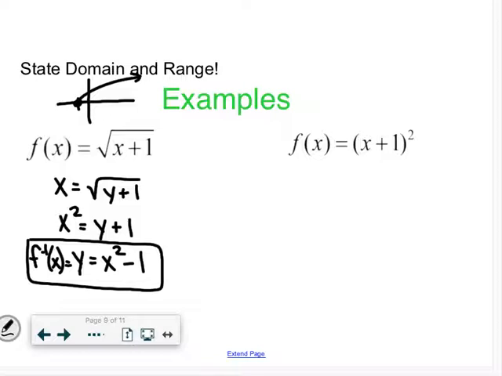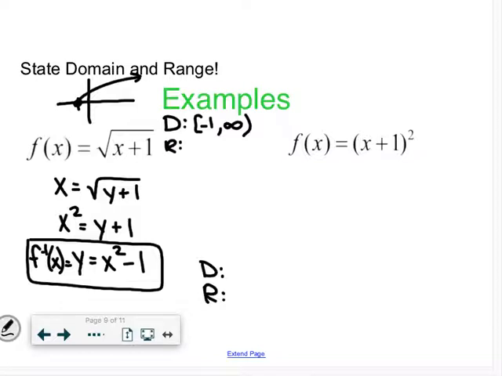When I do domain and range, this is one where I should really look back up at the original. So it is important to consider the original. What's the domain for this square root graph? What's the first x that works? -1. And then it goes to positive infinity.